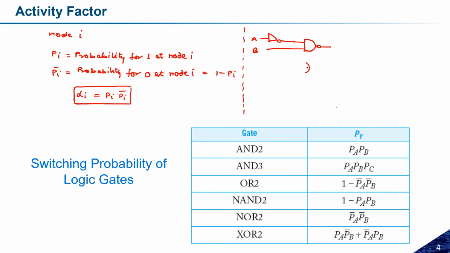And initially I'm assuming that the probability for logic 1 at A, B, and C is 0.5. The 50% probability is there for A, B, and C to be 1.